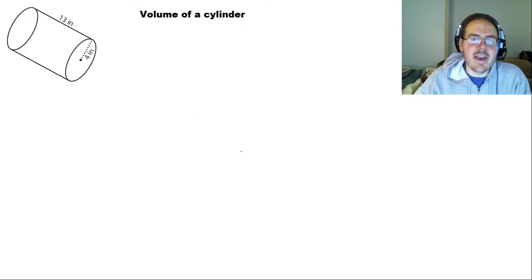Okay, so here we have a cylinder. Now a cylinder is a 3D shape that starts as a circle. The base is a circle, and then it extends in what we call the height measurement. So looking at this one here, you can see our circle.